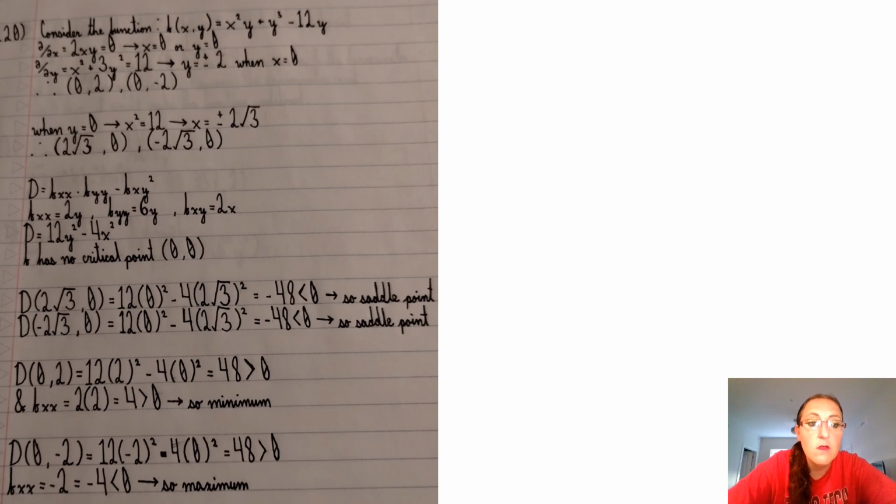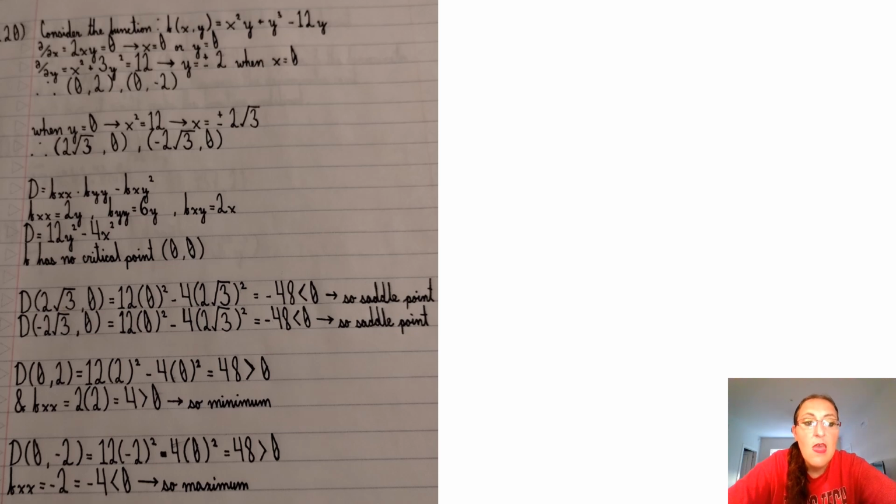Therefore, (0, 2) and (0, -2) are critical points. When y equals 0, x squared equals 12, x equals plus or minus 2 square root 3. Therefore, (2 square root 3, 0) and (negative 2 square root 3, 0) are critical points.